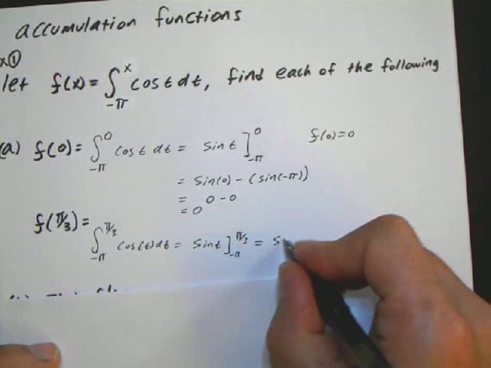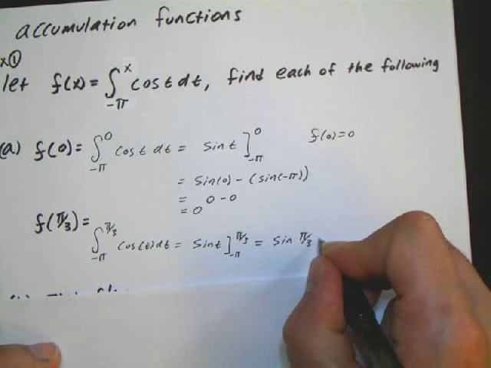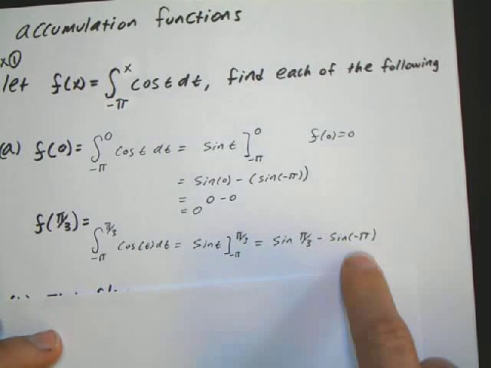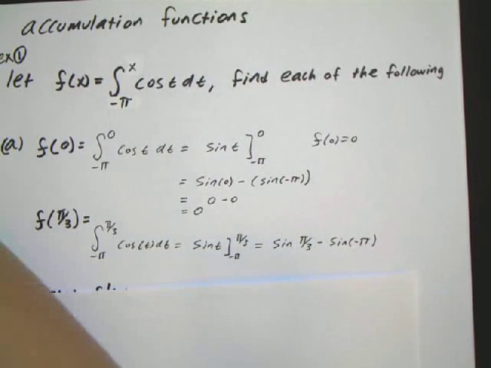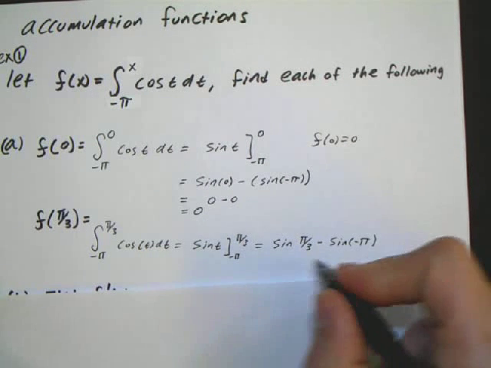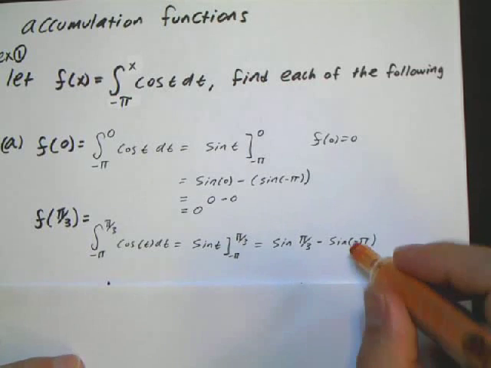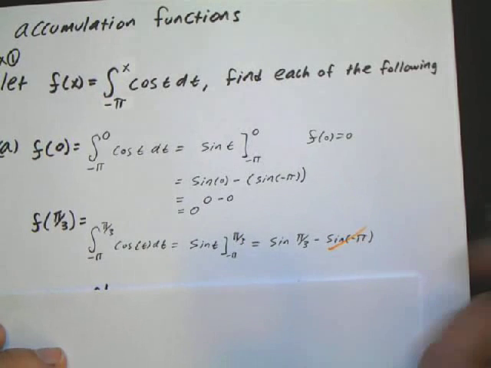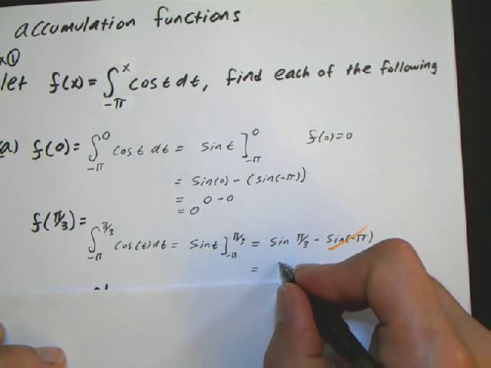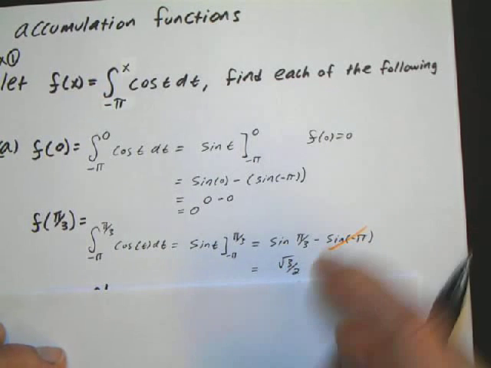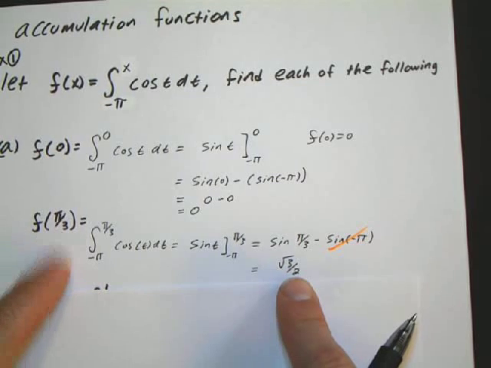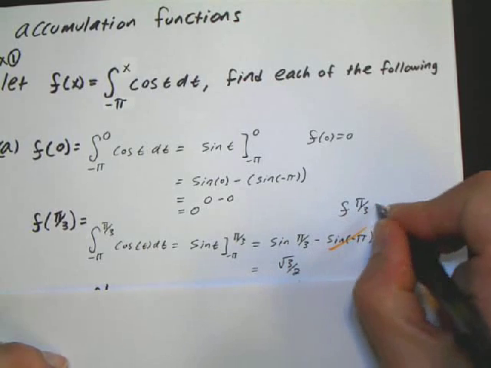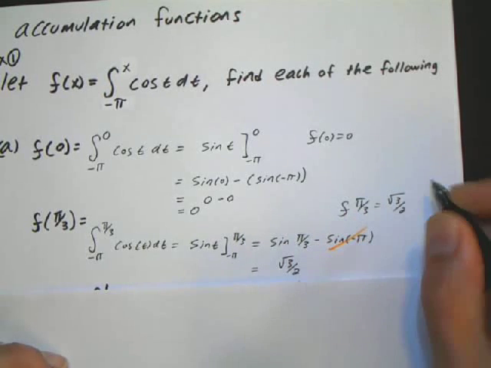Then I plug in my top limit, so sine of pi over 3 minus sine of negative pi. Well, sine of negative pi we already saw was 0, so I don't really have to worry about this part. I just have to worry about what sine of pi over 3 equals. Sine of pi over 3 is going to equal square root of 3 over 2. And that's what f of pi over 3 is based on this function. So f of pi over 3 is equal to square root of 3 over 2.